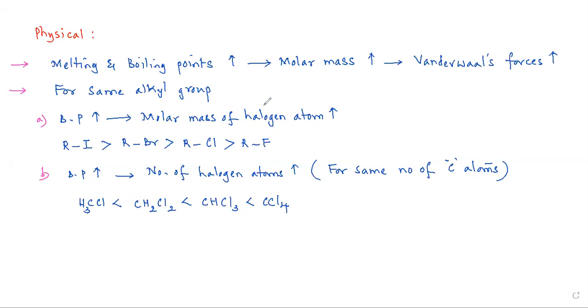Now, if suppose we take the same halogen atom, for the same halogen atom, boiling point increases as the size of the alkyl group increases.